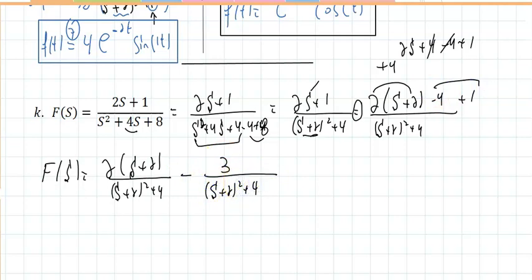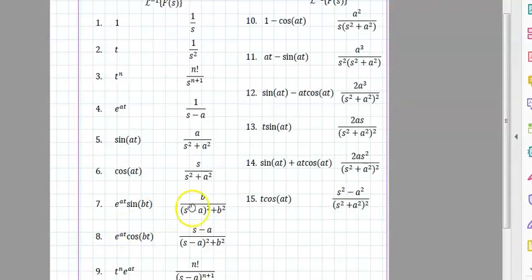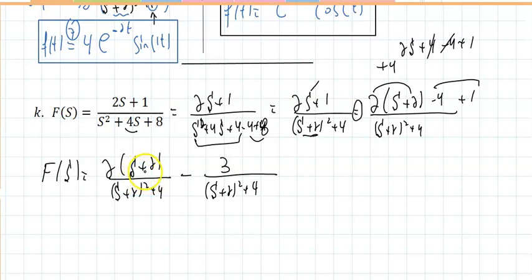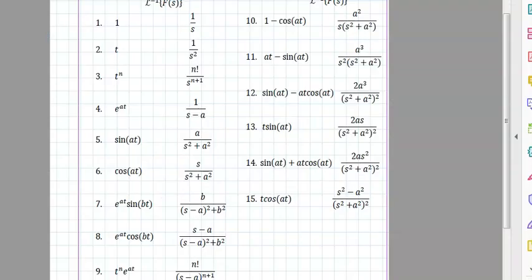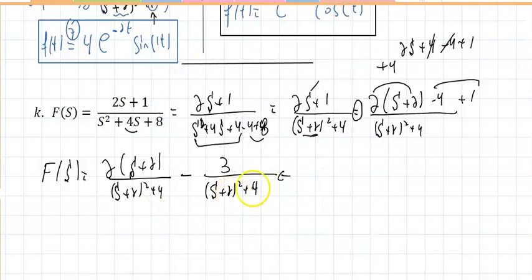Now does it match? If I glance at 8, it matches. S minus a squared and s minus a, it matches right there. There's a 2, that's not a problem. But here, this piece really looks like 7. 7 says s minus a is not a problem. You could leave that alone. But those have to match.